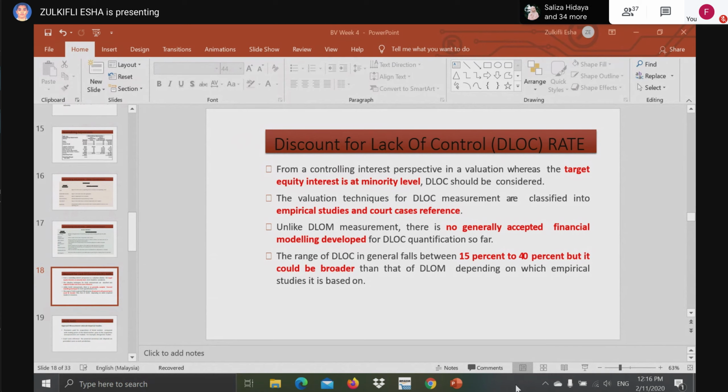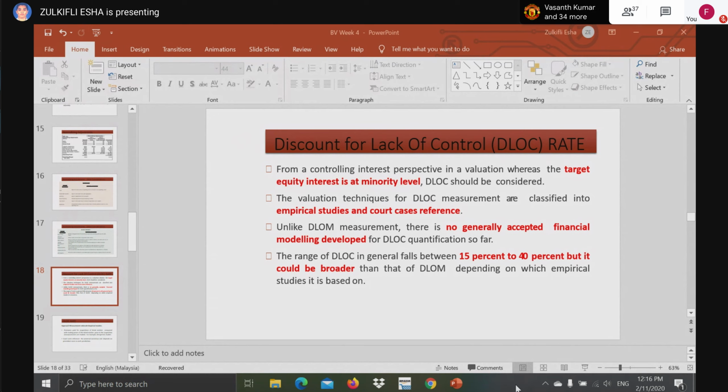There could be some arguments out there on how many percent should be given for the discount for lack of control. So in order to avoid any problem or confusion, normally we will refer to any court cases, if any.